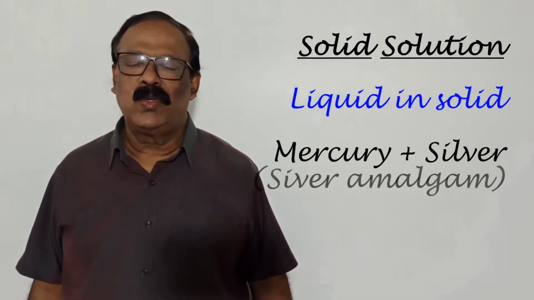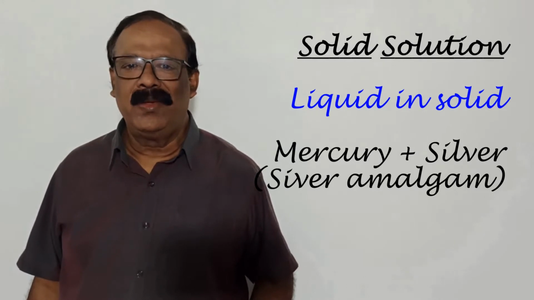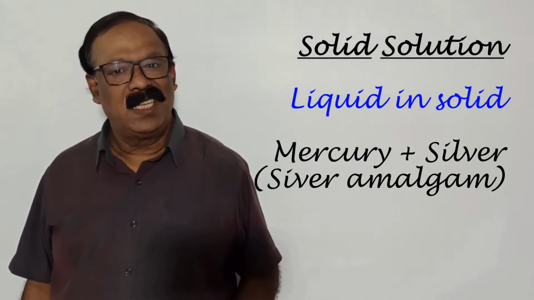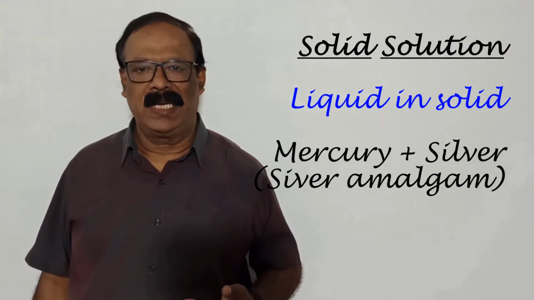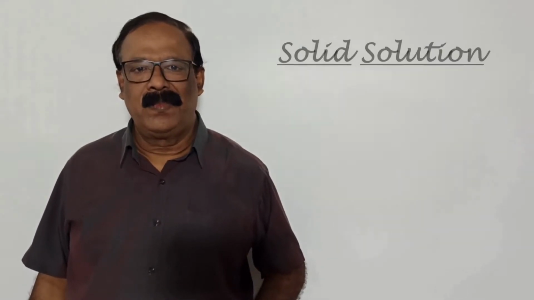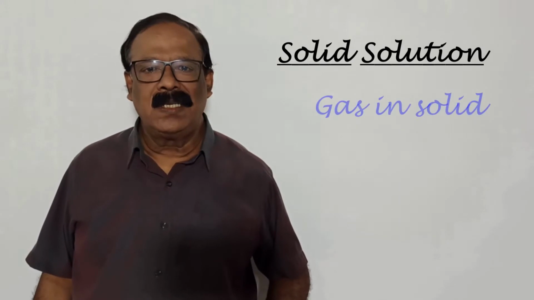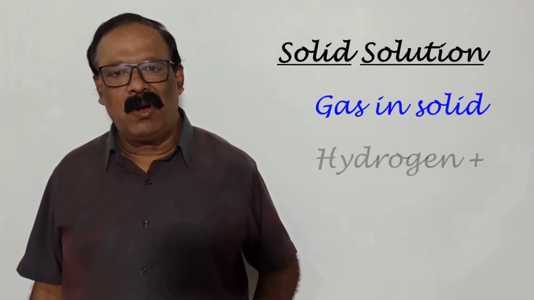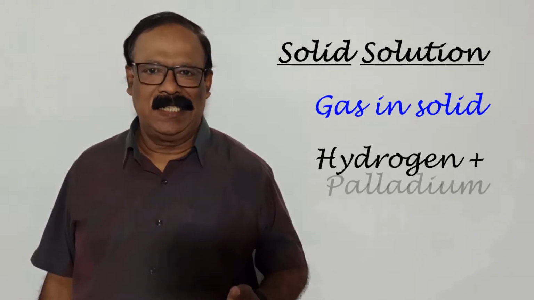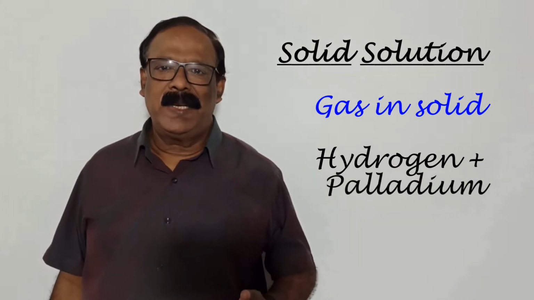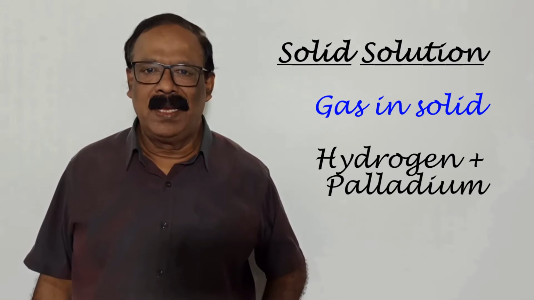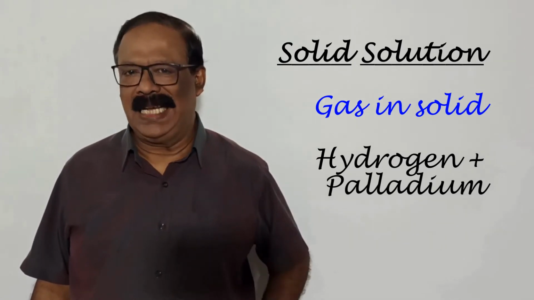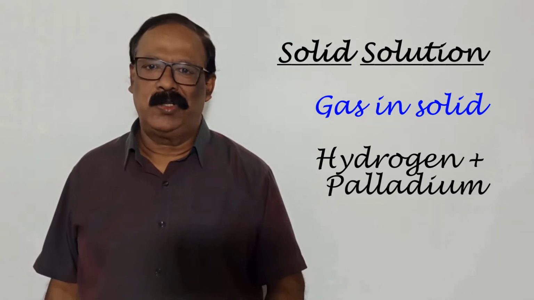Amalgams are solutions of mercury with metals like silver, gold, sodium, etc. Solid can dissolve also gases in it. The metal palladium is capable of absorbing large quantity of hydrogen gas in it to form a solid solution.